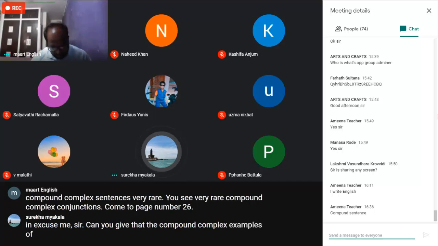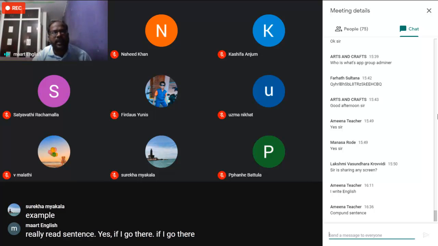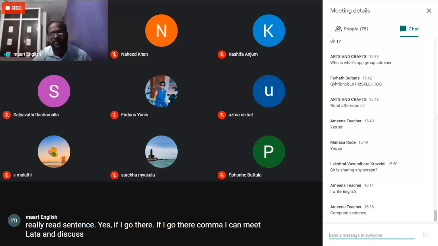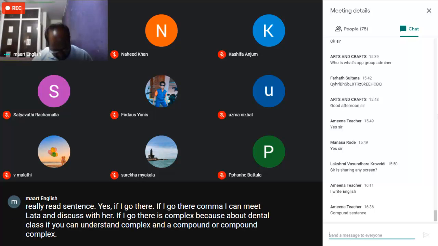For example, they are very rare sentences. If I go there, I can meet Lata and discuss with her. If I go there is complex because of the subordinate clause. Then you can understand a complex and a compound, a subordination and a coordination.